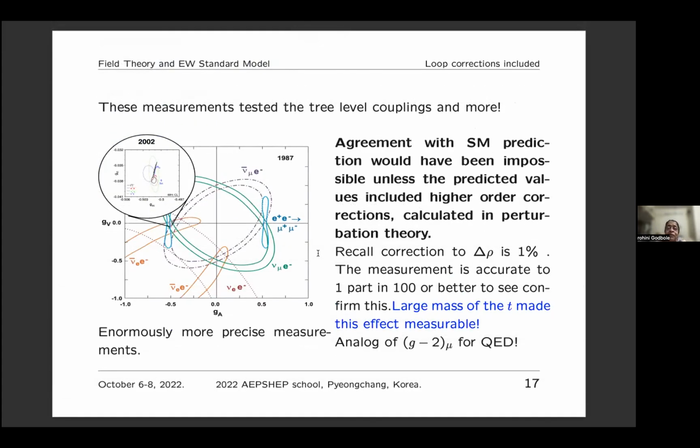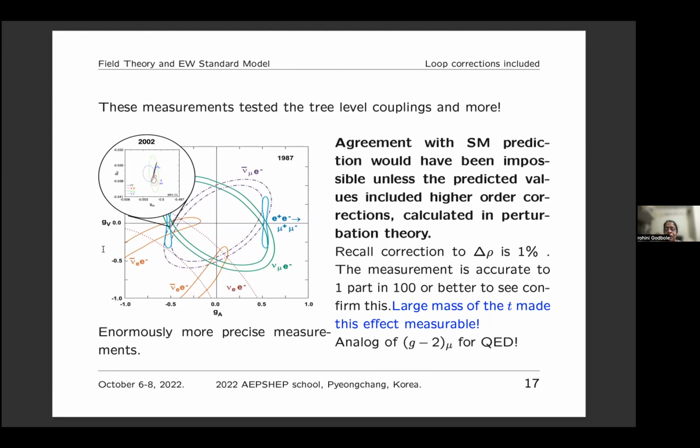So what happened in the Z measurements at LEP1, where there were literally millions of Z's? They measured the width of the Z and the different branching ratios of the Z in different final states. What I've done here is show you the plot I showed yesterday from 1983, where e+ e- going to mu+ mu- and also neutrino experiments had determined the values of GA and GV.